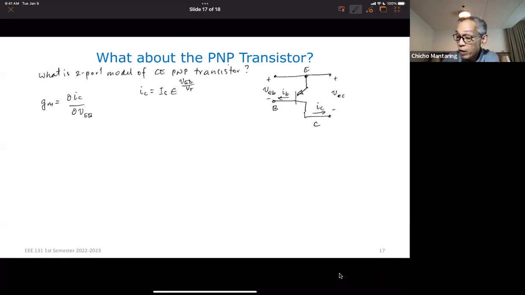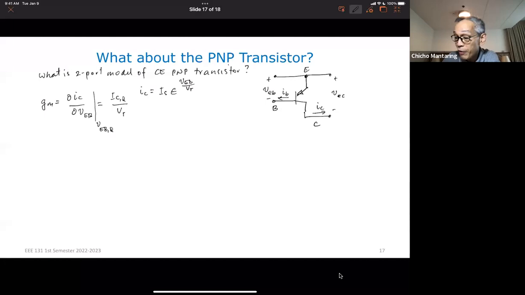And if I compute for this at the quiescent point, at V_EBQ, and you can try this at home, but you don't have to because it's quite obvious, you're going to get exactly the same formula. You're going to get I_CQ over V_T. So it's the same formula for your NPN and your PNP transistor, the formula for g_m.